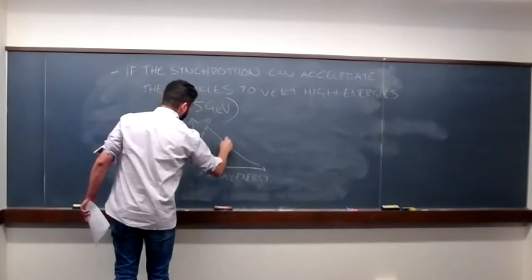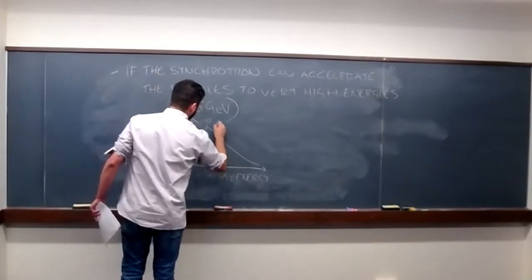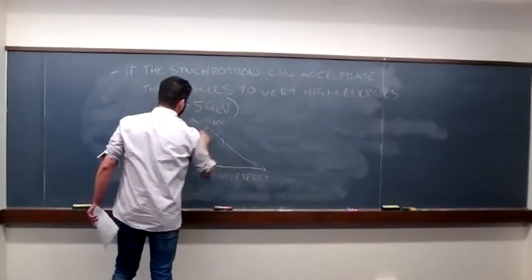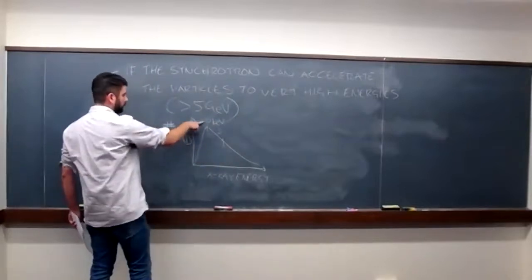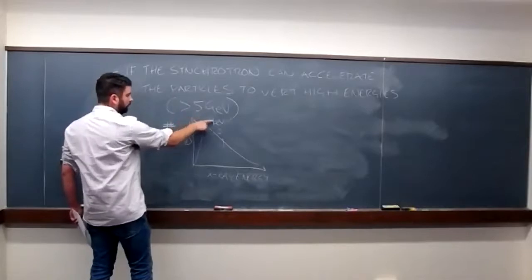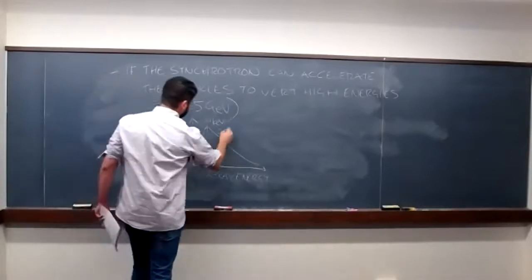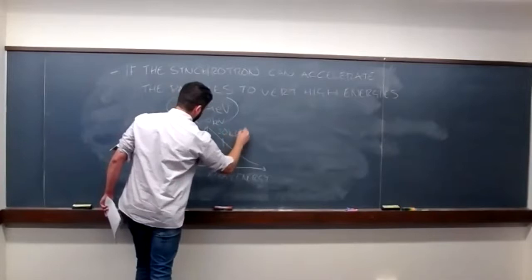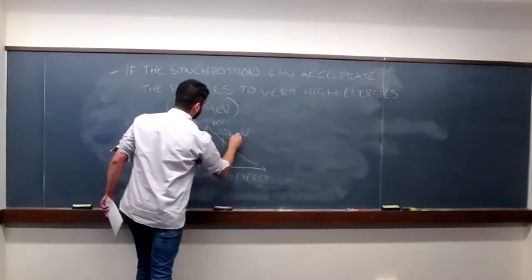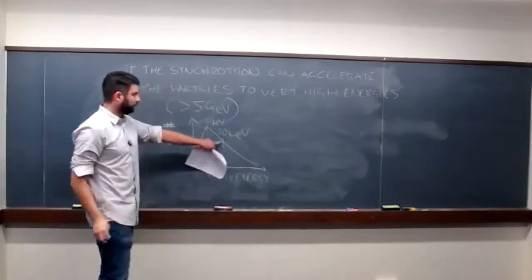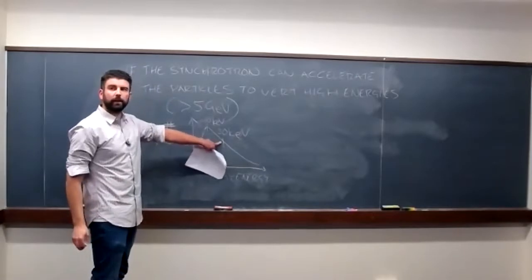But what's important is that if you go out to about 10 kiloelectron volts, which is a way of describing either the energy or the wavelength of a photon, we go out to 30 kiloelectron volts, we still have a significant number of photons out here.